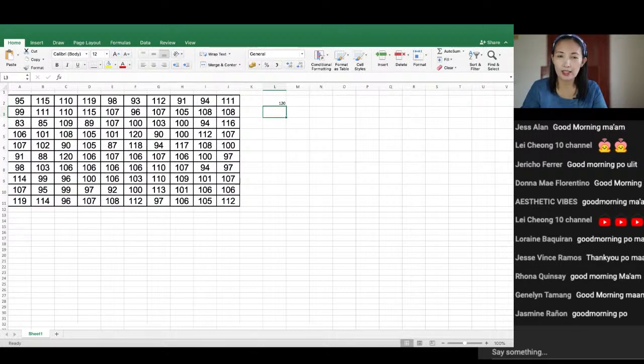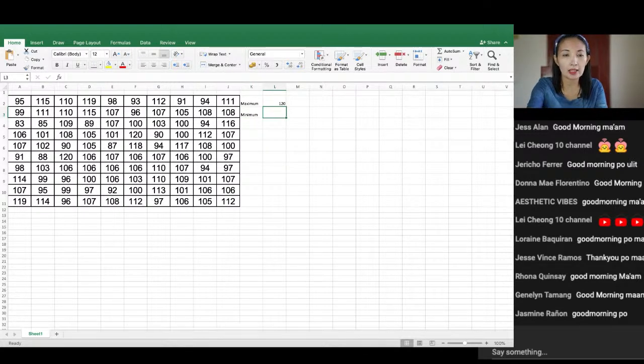Let's label it. This is the maximum or the highest. The maximum score is 120. Next, identifying the minimum, the lowest value in this data set.